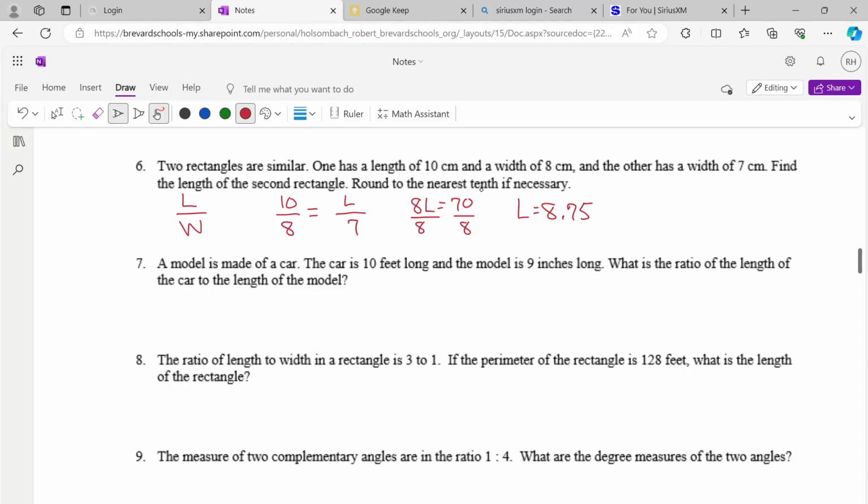And round to the nearest tenth if necessary. So this rounds to the nearest tenth, 8.8, I'm sorry.